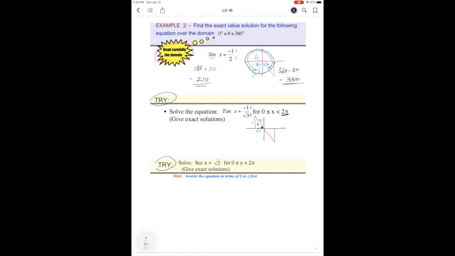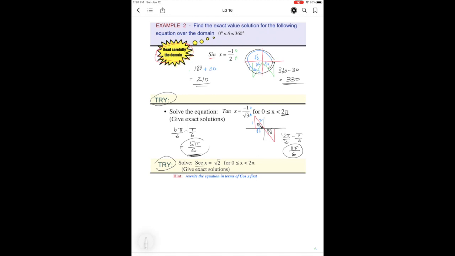So that is pi over 6. Pi over 6. Find theta. So it's pi minus pi over 6. And this is going to be 2 pi minus pi over 6. This becomes 6 over 6. So 5 pi over 6. And this becomes 12, 11 pi over 6. So there's your two answers.